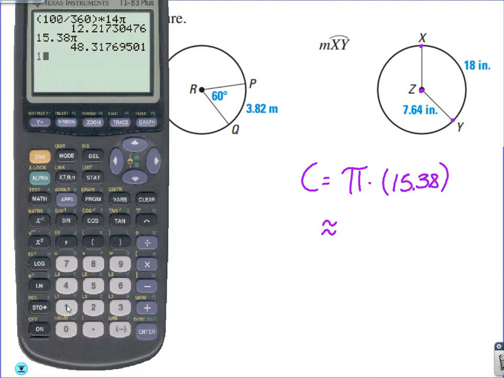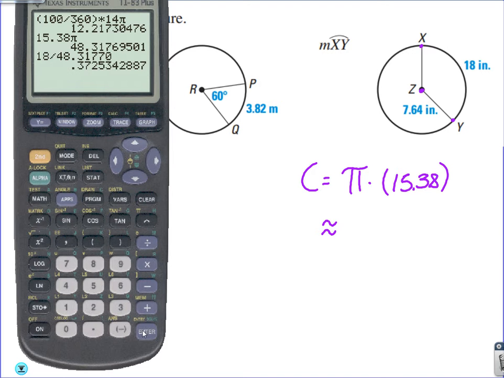We have 18 of the 48. Normally I'd use the answer button, but I want to put it here to where you can see it. That's the fractional part that 18 represents. Okay, it's not the whole circumference, it's this portion.